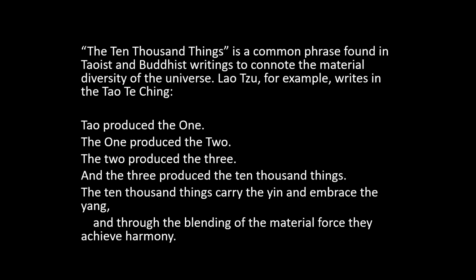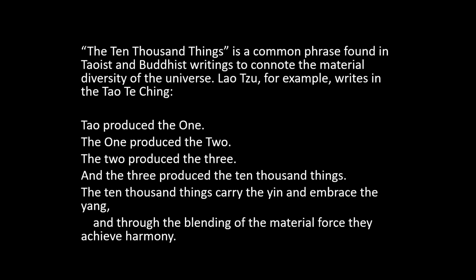The 10,000 things carry the yin and embrace the yang, and through the blending of the material force, they achieve harmony. And that's a pretty good overarching intuitive poetry to talk about this project: you're bringing in many, many things, but you're blending these material forces to achieve a kind of visual harmony.